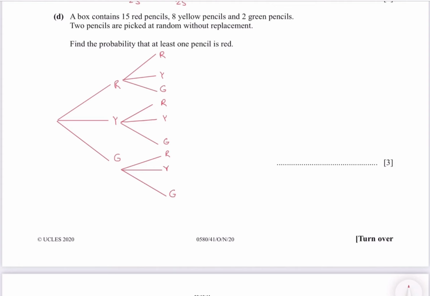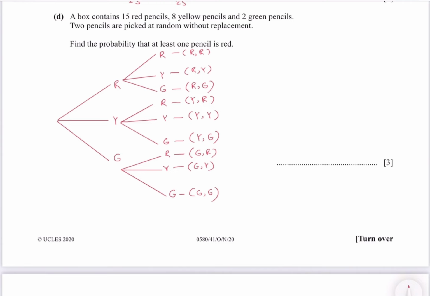So mark their results RR, RY, RG, YR, YY, YG, GR, GY, and GG. So at least one pencil is red.